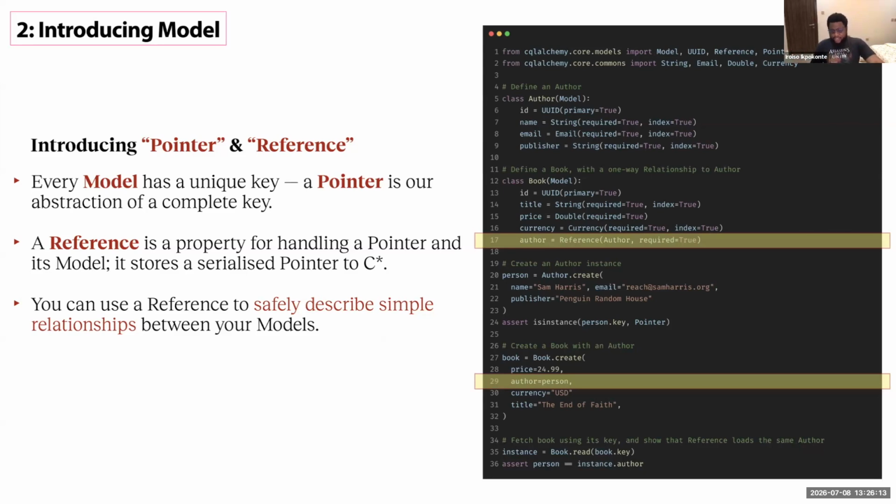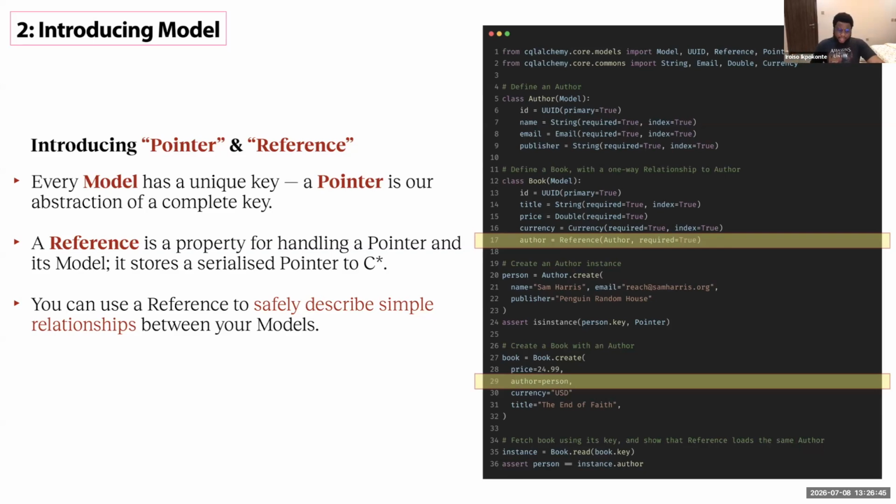It's highlighted here on the screen. You'll see that there's a book model and an author model. The book model has an author column that references the author model. You can create an author and create a book, pass the author to the book, and SQLAlchemy knows how to save both of them and create a link between them.